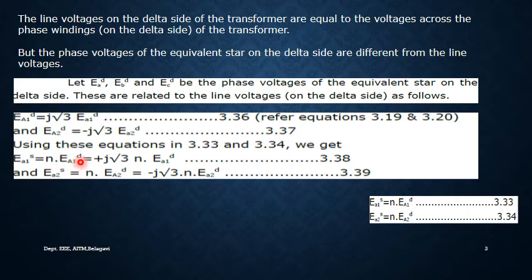In this place, the voltage referred to the line side of the delta, we are going to represent with the respective equation. So wherever the equations are there, you substitute the respective equations 6 and 7 in equations 3 and 4. If you simplify it further, we get the line voltages referred to the positive sequence and the negative sequence for the star connected side in terms of the delta connected system.